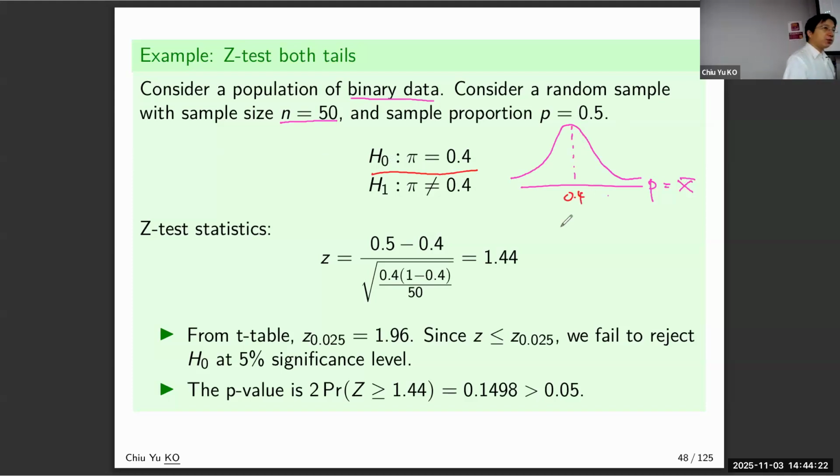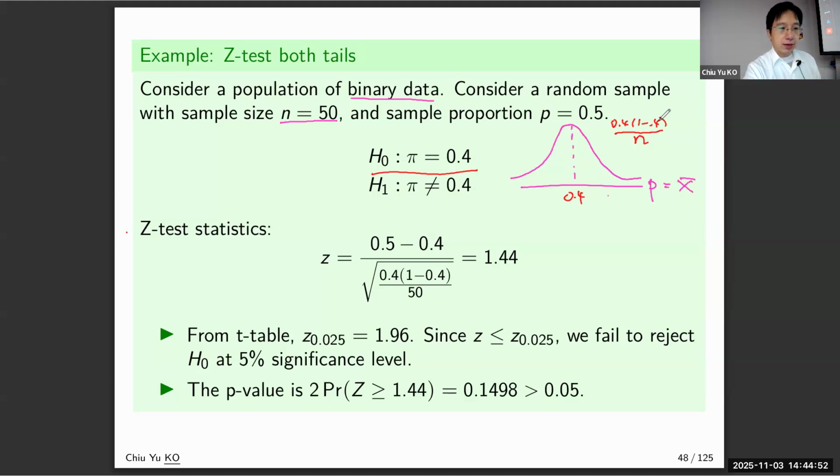Once I know the mean, I know the variance. The variance will be simply 0.4 times 1 minus 0.4 divided by n. This is the case when you have binary data, data 0, 1.